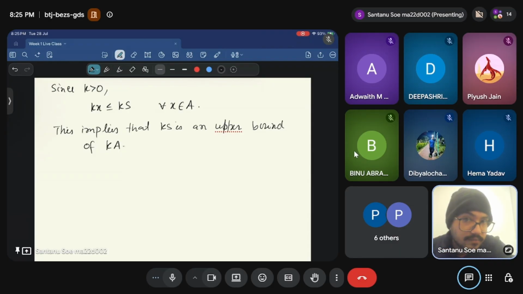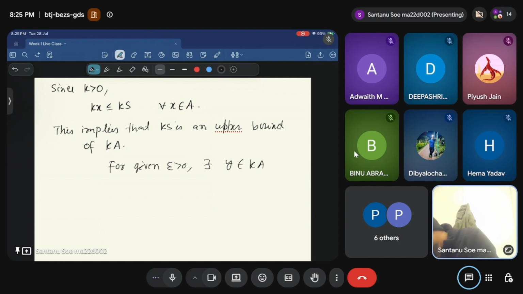So by contradiction, let's say kS is not the least upper bound. Then there exists an epsilon greater than 0, such that for the given epsilon there exists a y from kA such that y is greater than kS minus epsilon.